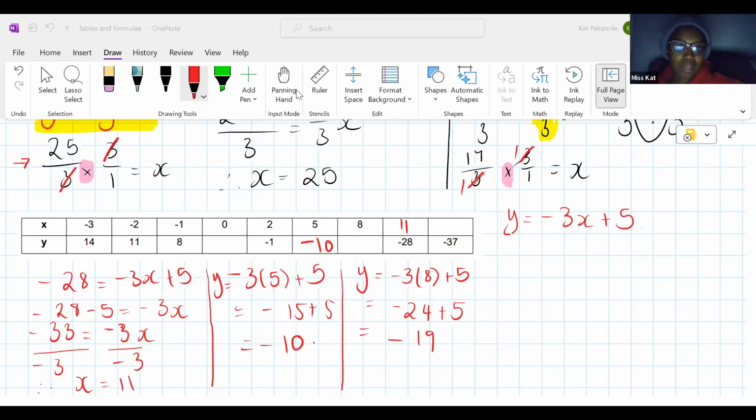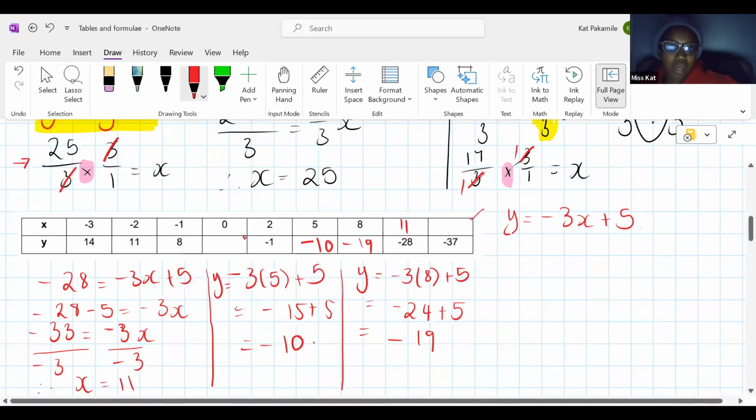Whew, you guys are brilliant. Okay, I need to charge my laptop. So I'm going to give you guys 2 minutes while I charge my laptop to fill in. Okay, we filled in this is -19. I need my input for -37 and my output for 0. You literally have like 1 minute because I'm just charging my laptop.